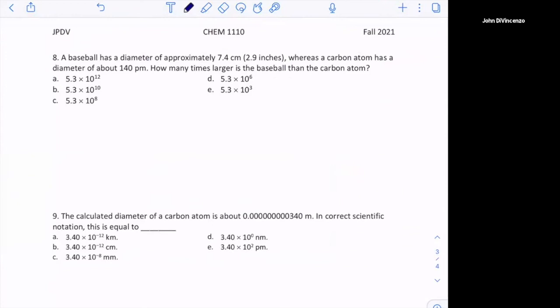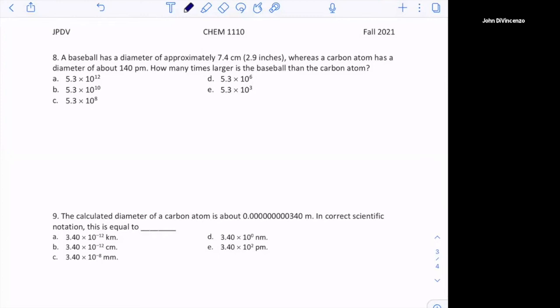How many times larger is the baseball than the carbon atom? So what do we do? Anybody? We've got to do a conversion, but what mathematically, how are we going to figure out how many times bigger the baseball is? Division, right? You divide the larger one by the smaller one, right?